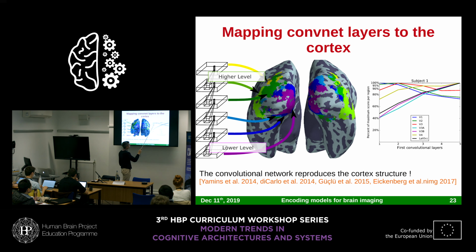V3 is best explained by layer 2 but not so much by layer 1 and then decays and so on. So you really recover the visual region hierarchy by comparing the BOLD activation to the representation created by the convolutional network. So this has been observed and published by many groups since 2014.